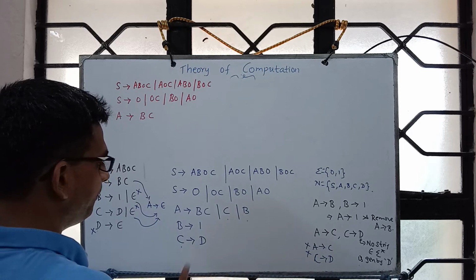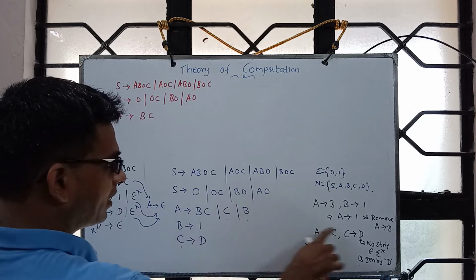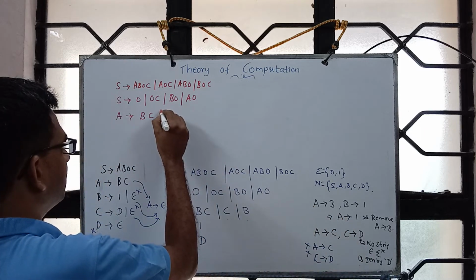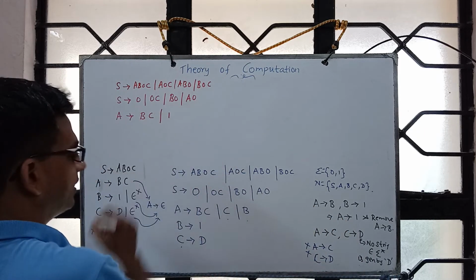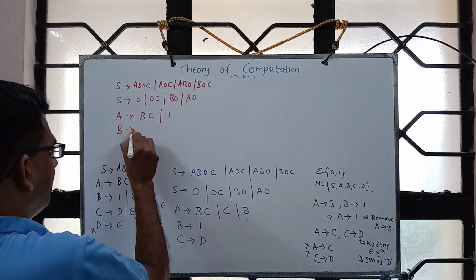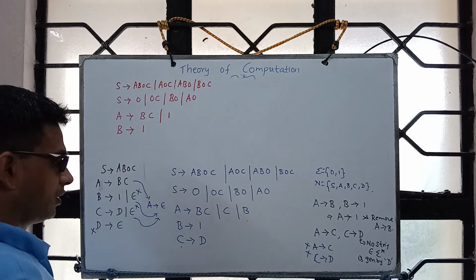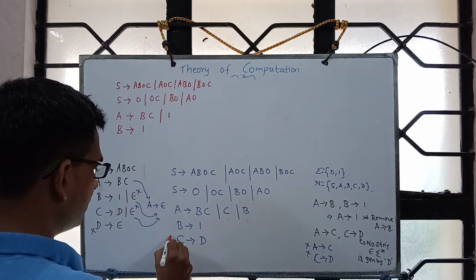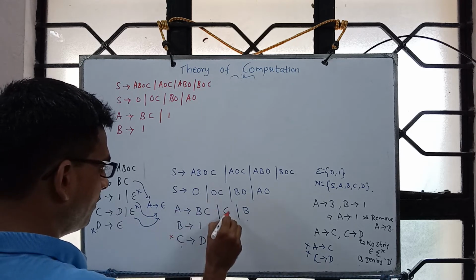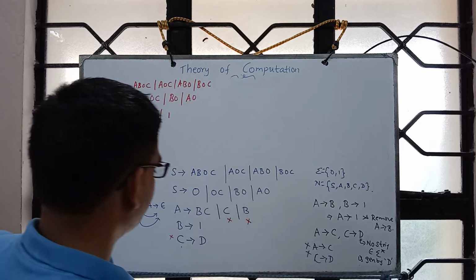Now when we look at A implies BC, it is allowed. We remove A implies C and A implies B, but we know A implies B, B implies 1, so A implies 1, so we ensure that is written, and we write B implies 1, that's all. So C implies D is removed, A implies C is removed, A implies B is removed.